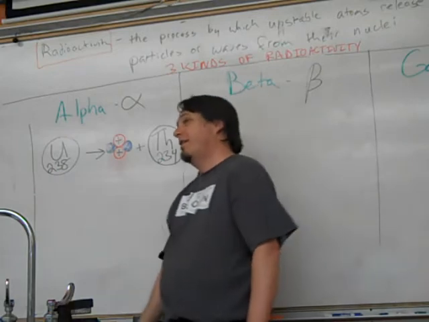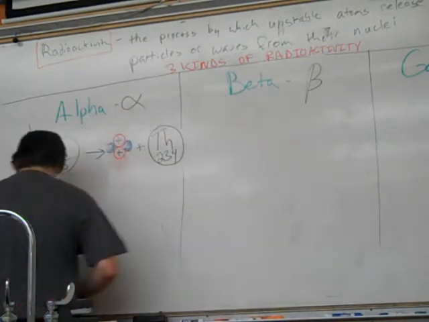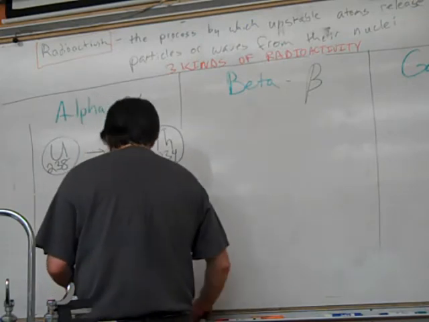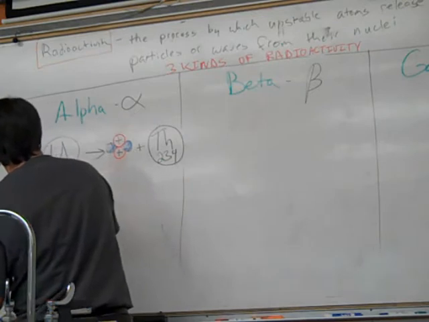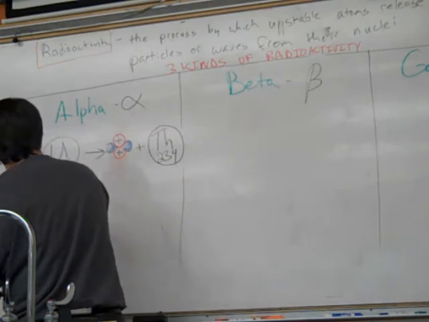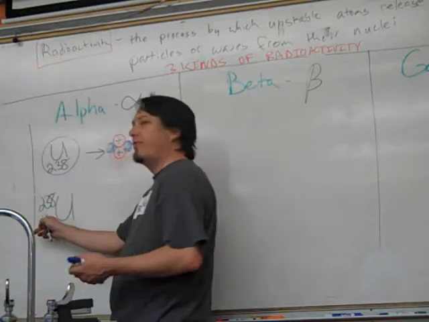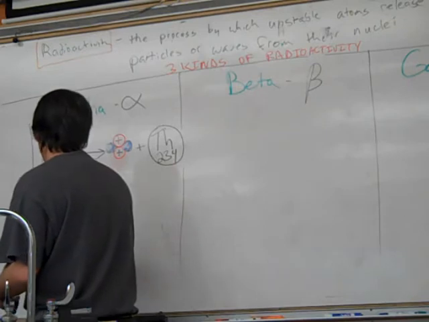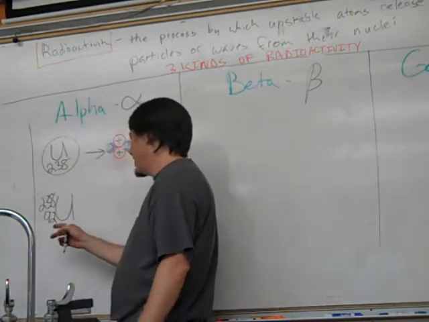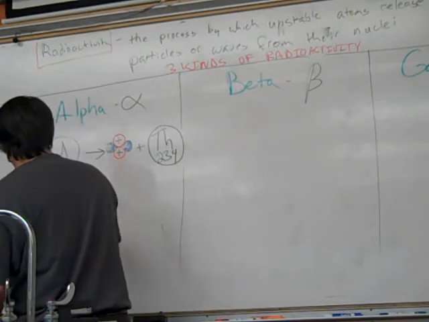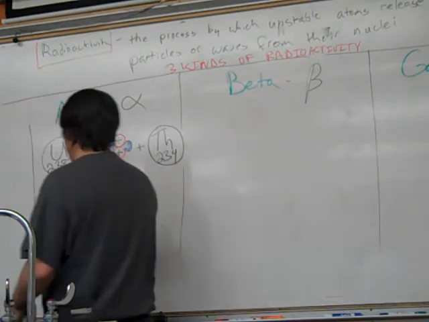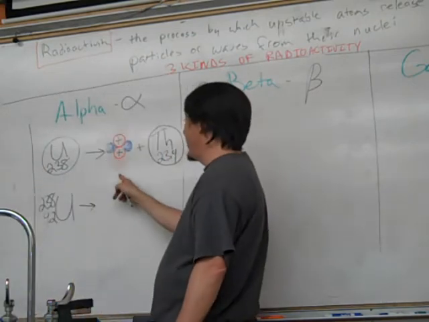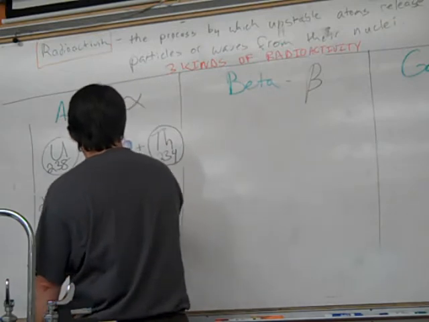And if it starts out as uranium-238, it would be 238 here. And if you look at your periodic tables, you can confirm that it would be 92 here, because there's 92 protons, 238 total particles.